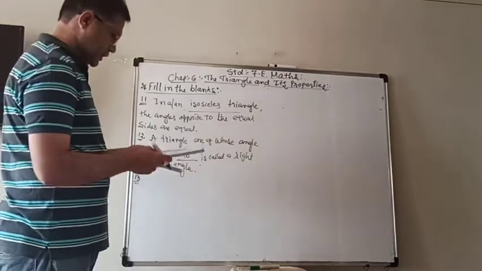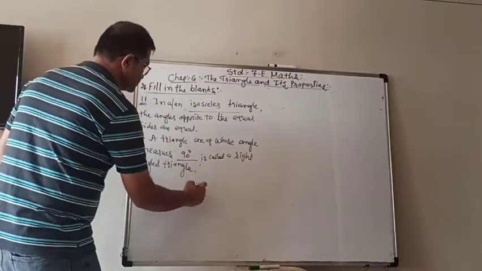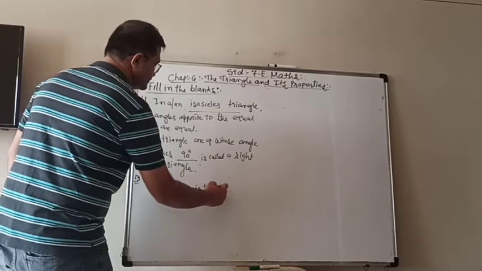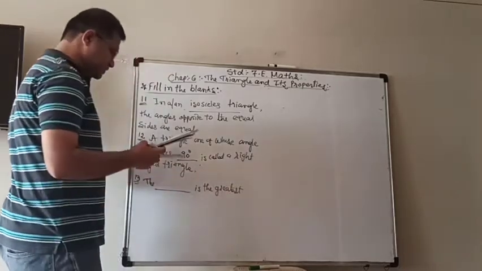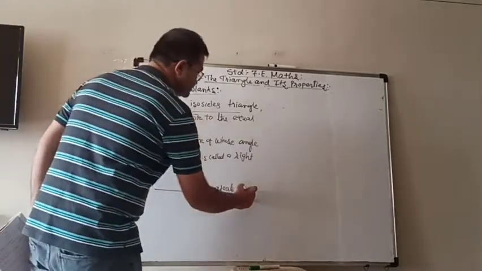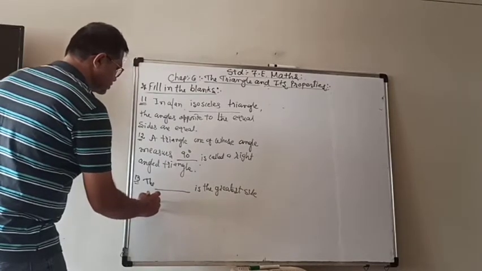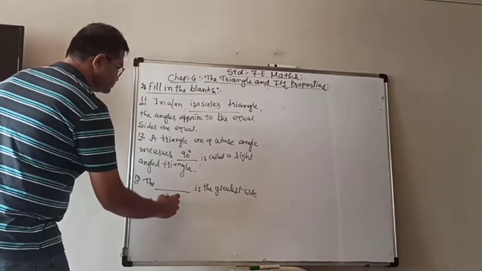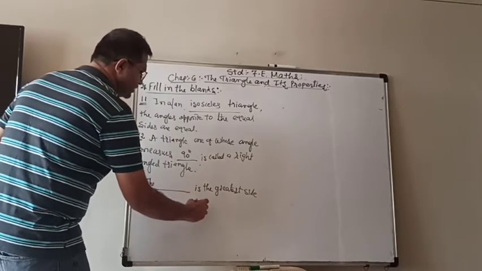13th, the blank is the greatest side of the right angled triangle.